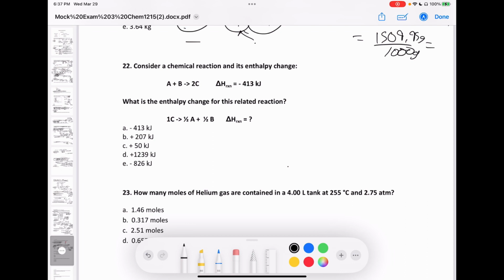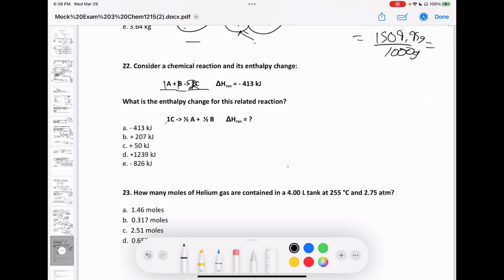So if you look at this, it's A plus B gives you 2C. And then for the reaction that we're actually looking at, C is on the products. So that means we must have flipped it, right? And then also all the coefficients were halved. So on this one, it's 1, 1, 2, and for the reaction we're looking at, this 2 goes to 1, and the 1 for A and B go to halves.